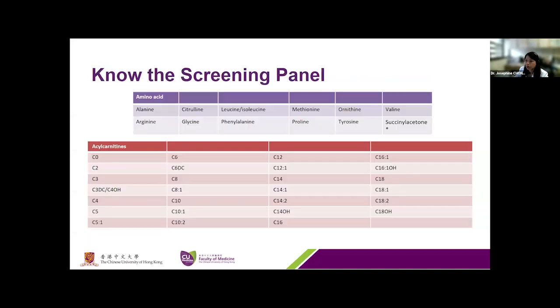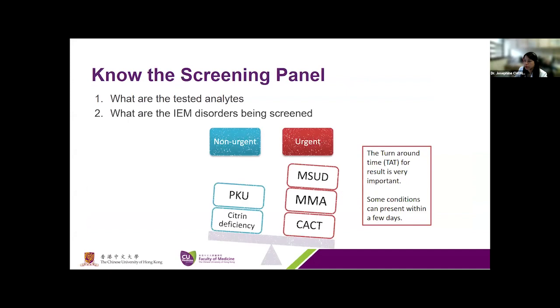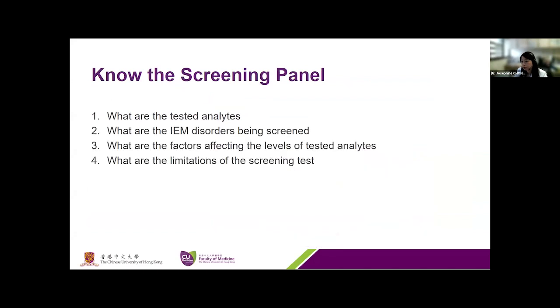So getting to know the panel is important, because the panel tells you the different types of disorders, and the turnaround time of some analytes is really important. Some items may have urgent presentations, and for some the presentation may be slower.